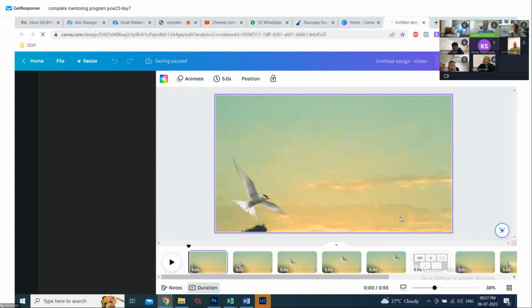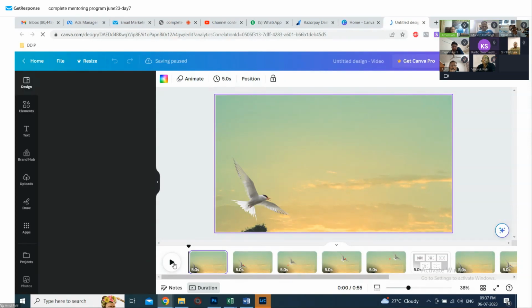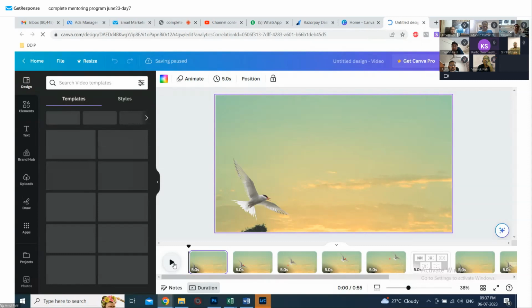Right. So coming back to bird in flight, I hope you are all able to see the screen here. Can you see the bird? Yes. Okay. So bird in flight, this is how we would be actually taking the picture.